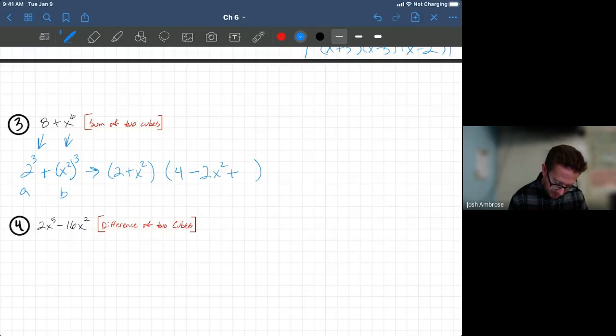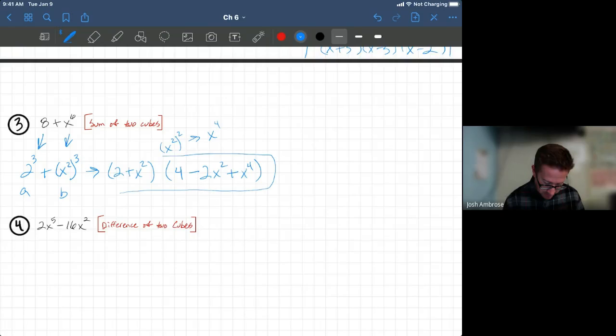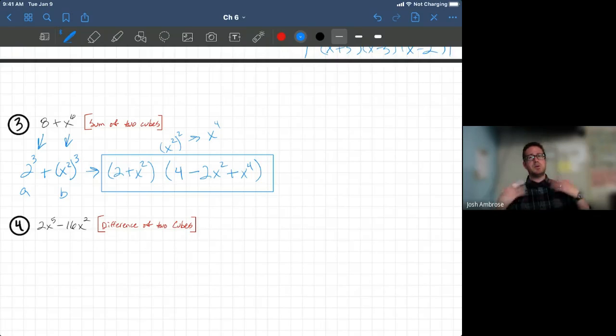Well, if I have x squared and I square it, that's now actually going to make x to the 4th. So that's what we get right there. Okay, so that means that this is the solution to the original 8 plus x to the 6th. So we are factoring that down.